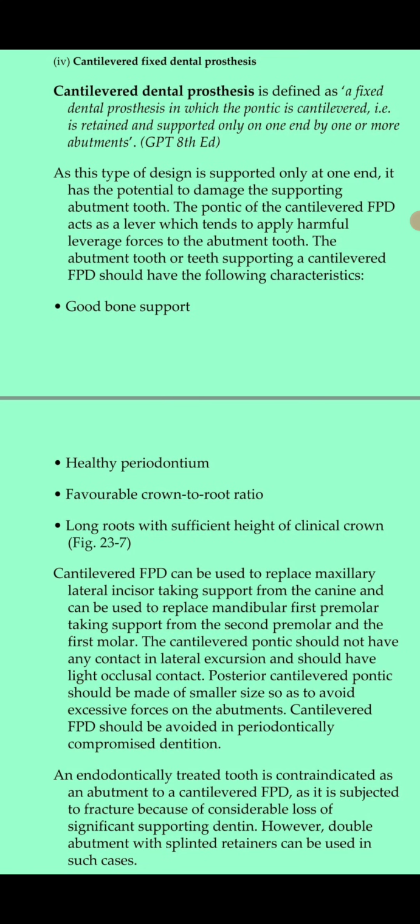Now, the uses of cantilever. Cantilever fixed partial denture can be used to replace maxillary lateral incisor, taking support from the canine, and can be used to replace mandibular first premolar, taking support from the second premolar and the first molar. Here, maxillary lateral incisor, we can replace by cantilever bridge and canine, because canine has a long root and good bone support.